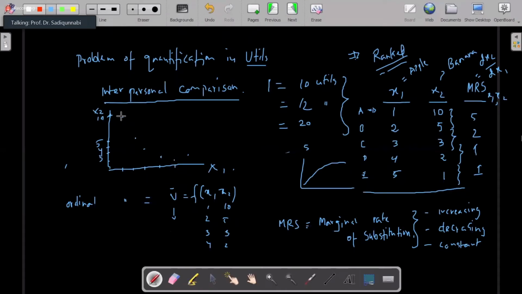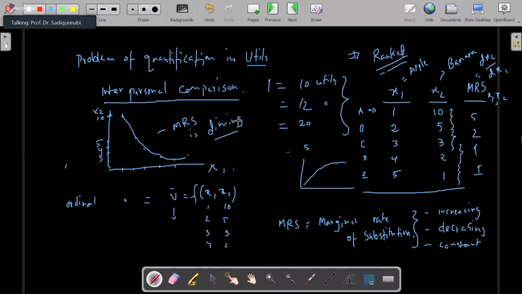You see that if you connect these dots, you get a curve which is convex to the origin, right? And why is it convex to the origin? Because MRS is diminishing.